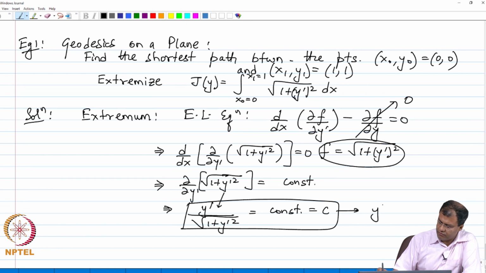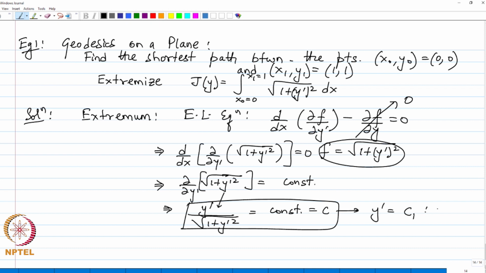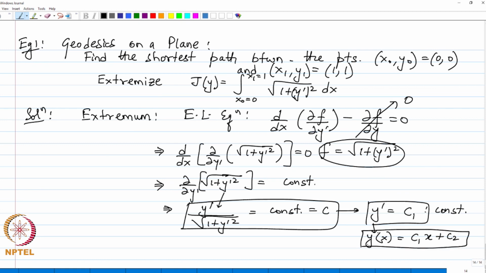After simplifying this expression and solving for y prime, we come to the conclusion that y prime comes out to be another constant, let us say c1. Then we can integrate this expression to find that the function y, which is the extremal, will be c1 x plus c2. Students are all familiar that this is the expression for a straight line.